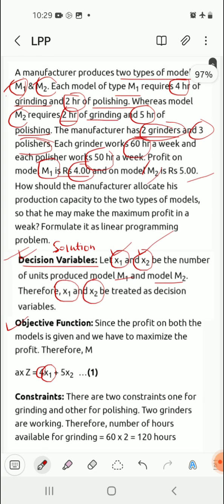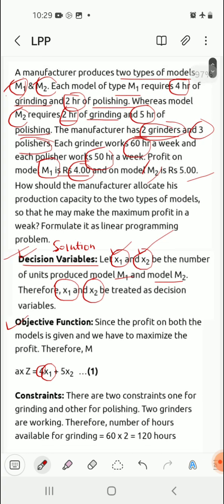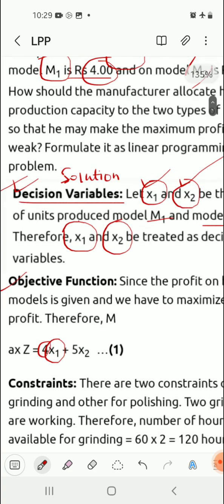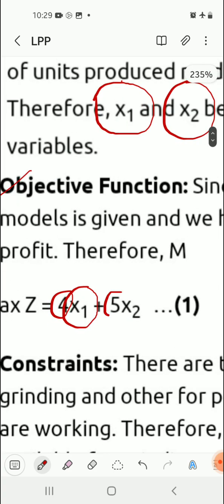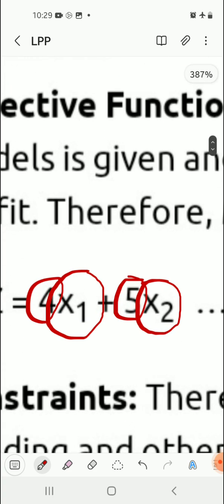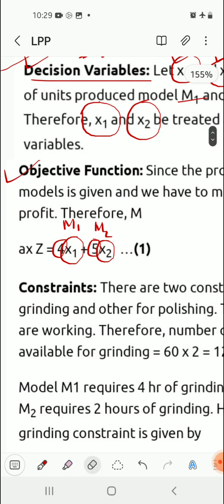And rupees 5 will be his profit for model M2, so I've written 5 over here, and for M2 it is x2. So this is for model 2 and this is for model 1. This is his profit, and this is taken as number 1.